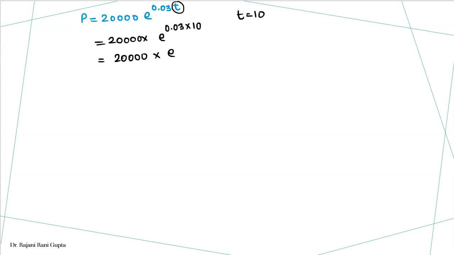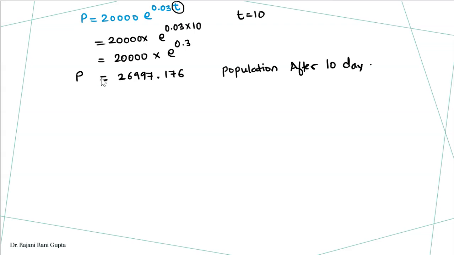If you multiply 0.03 with 10, you will get 0.3. At this stage, you use a calculator to get the final answer. Once you work with the calculator, you get the value 26997.176. So this is the population after 10 days, the answer for part B.